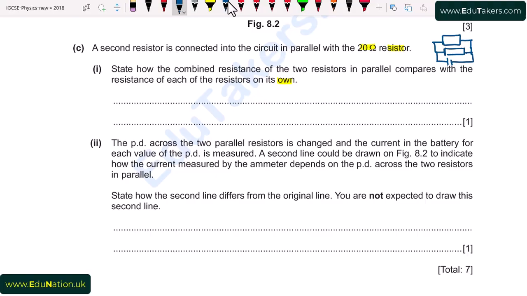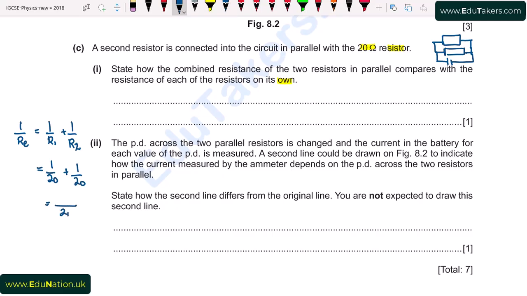So when we have to find out their equivalent resistance, it will be 1 over Re is equal to 1 over R1 plus 1 over R2. R1 is the original resistance while R2 is the second resistance. So it is 1 over 20 plus 1 over 20.